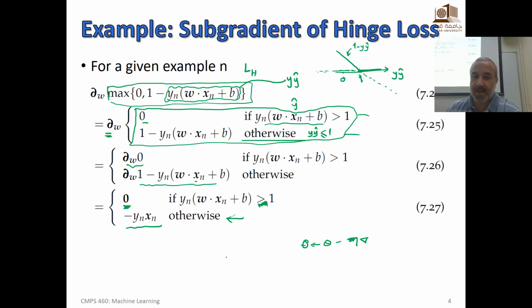Okay, is that clear? Any other questions? So this is what we call the subgradient. That's an example of subgradient. Of course, every loss function that is not differentiable, we have to treat it in one way or the other, like what we did here.